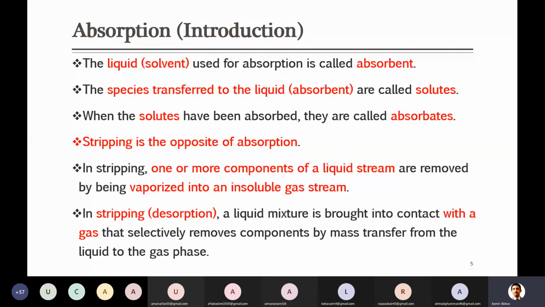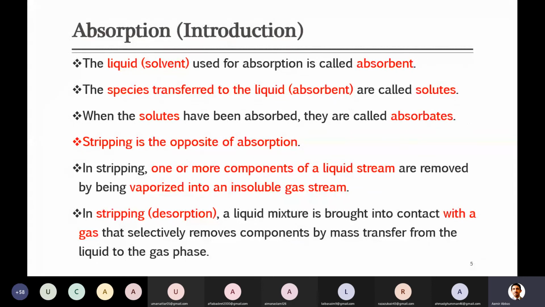So in this case of stripping, you can also come across this name, desorption. They also call it desorption, absorption and desorption. This is not widely used, but in some texts you can come across it mentioned here.